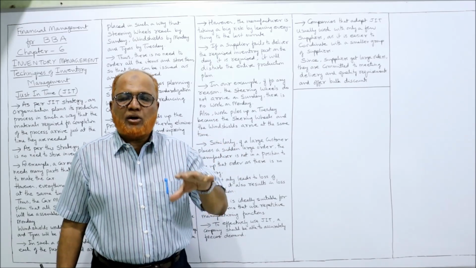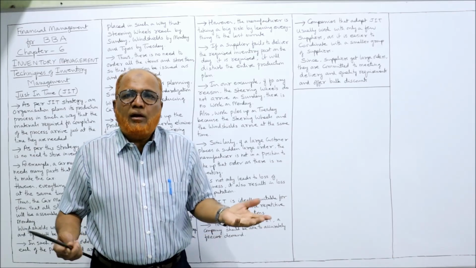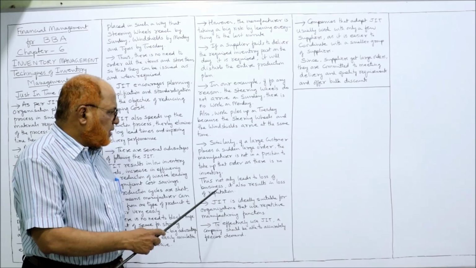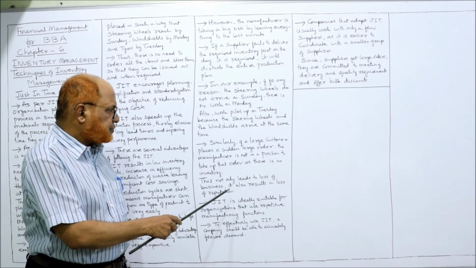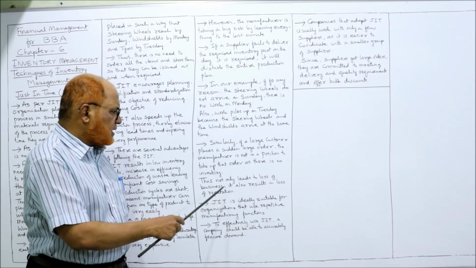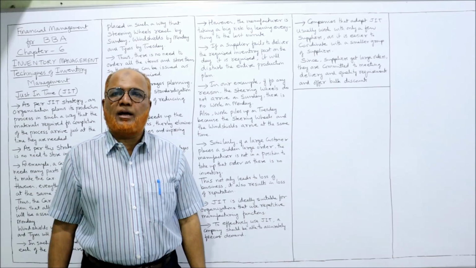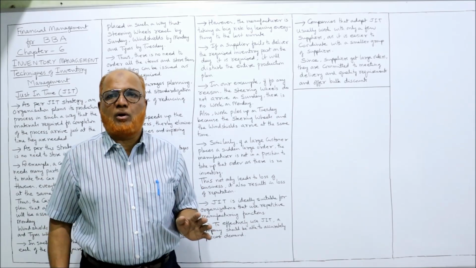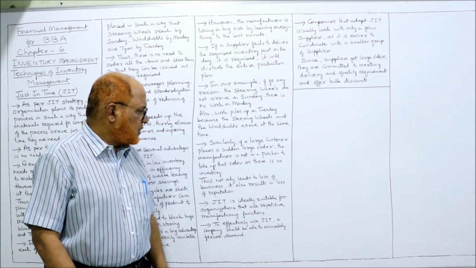Unexpected orders can be done only when we have inventory. No inventory, no urgent work can be done. This not only leads to loss of business, it also results in loss of reputation. If we do not satisfy the customer on time, we will lose the business, we will lose the reputation of the business. That is the risk attached if we follow JIT.